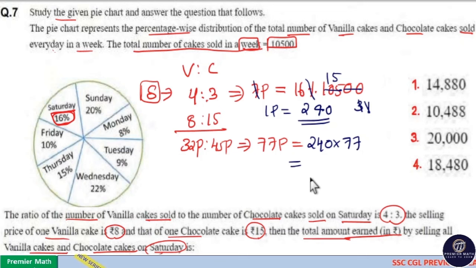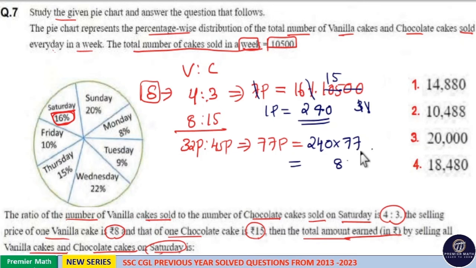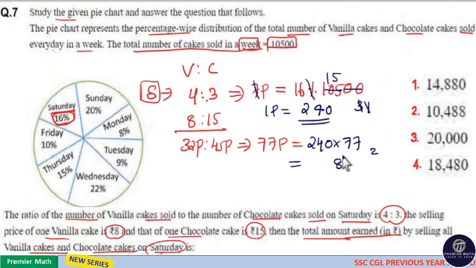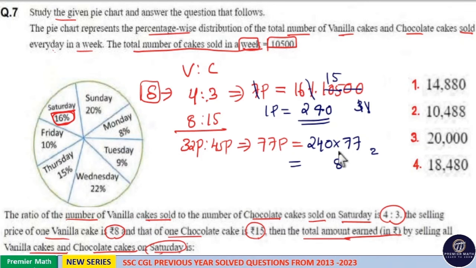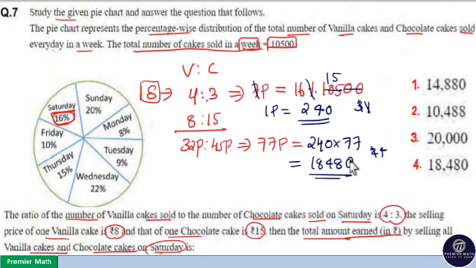Now 24 into 77. 7 into 4, 28. 2 remaining. 7 into 2 plus 4 into 7. So 28 plus 14 is equal to 42. 42 plus 2 is 44. Remaining 4. 2 into 7, 14. 14 plus 4, 18. So 18480. Option 4 is your answer.